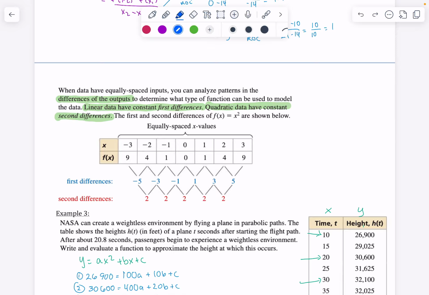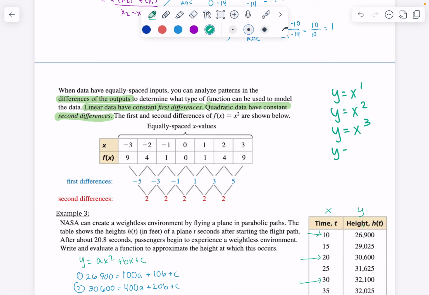If you have a linear function, so remember that's y equals x to the power of 1, they have constant first differences. If it's a quadratic function, x to the power of 2, they have constant second differences. If it would be y to the power of 3, a cubic function, they would have constant third differences.